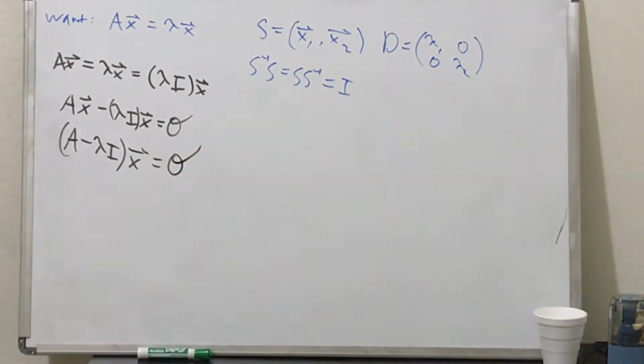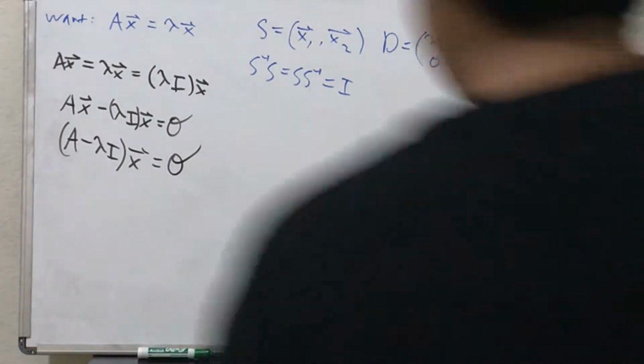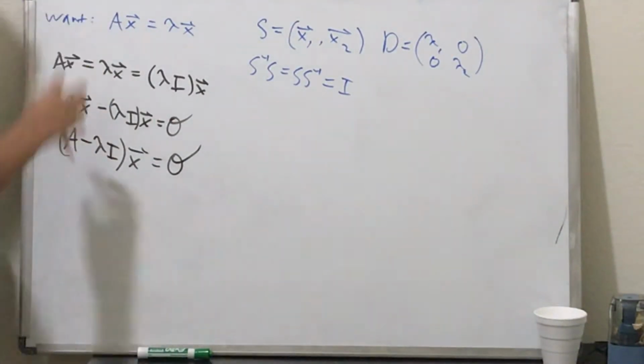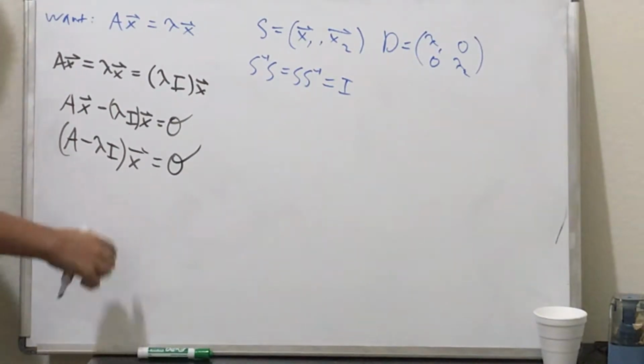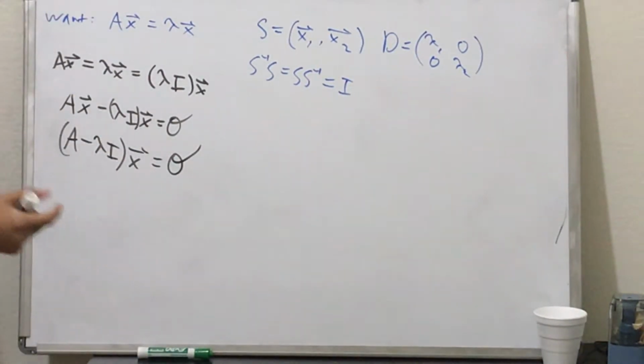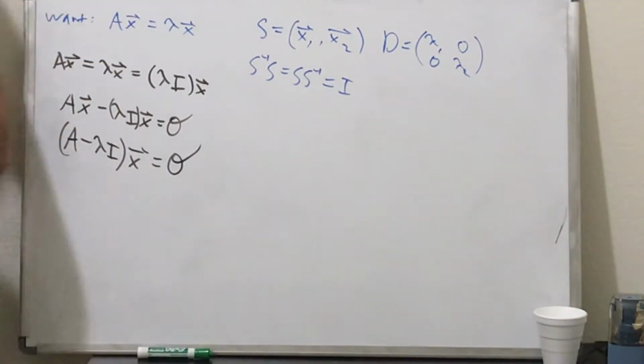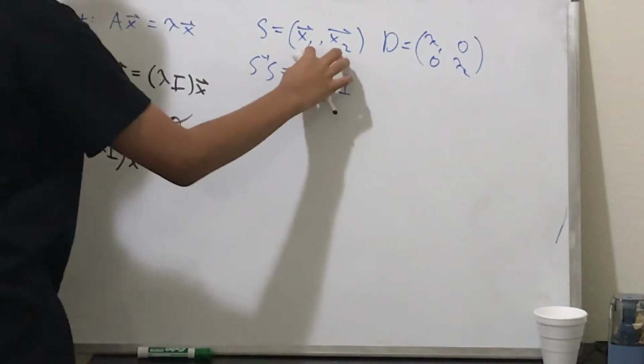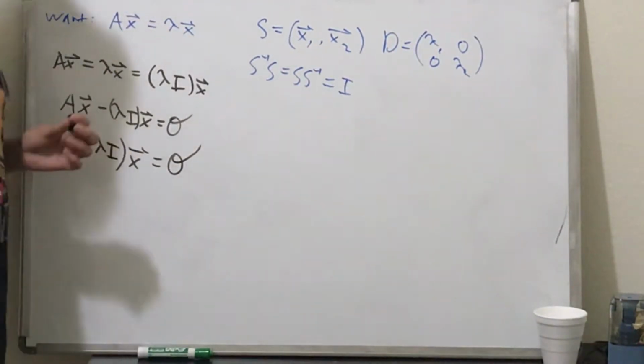Now, one thing here is that for any matrix, if x is a 0 vector, then it's always going to be the 0 vector. We don't want x to be the 0 vector, because then we'd have very boring matrices, and we wouldn't have any lambdas.